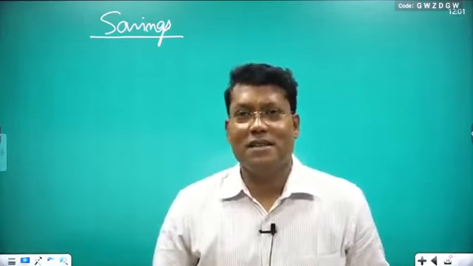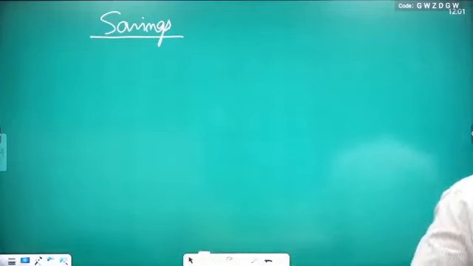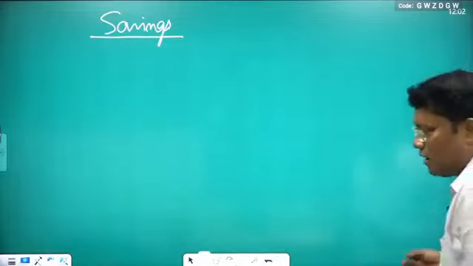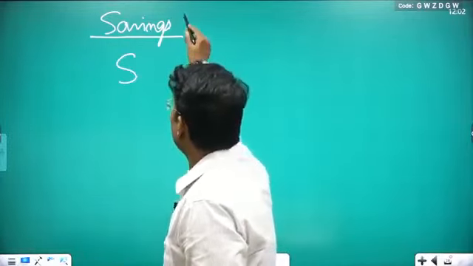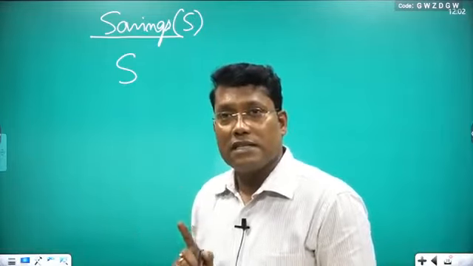Simple. You can write it in other words: income left after the consumption. Income left after the consumption is saving. You write S, S stands for savings. You have written that? Income left after the consumption is saving.